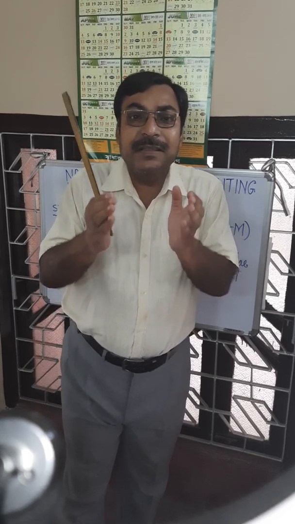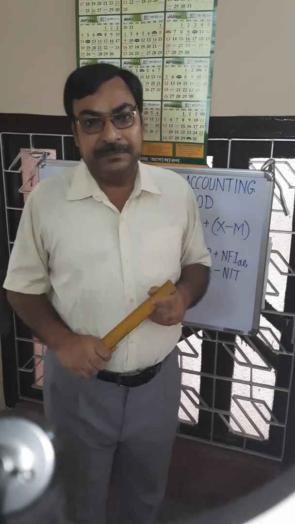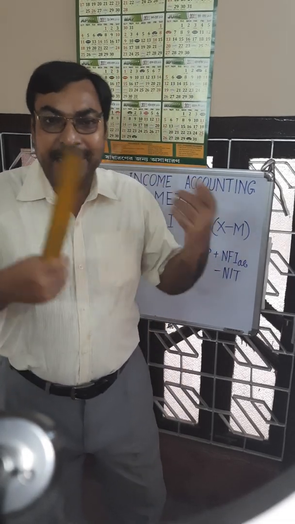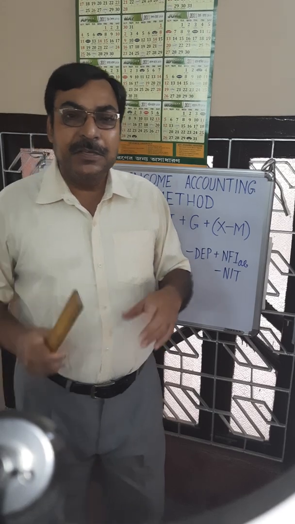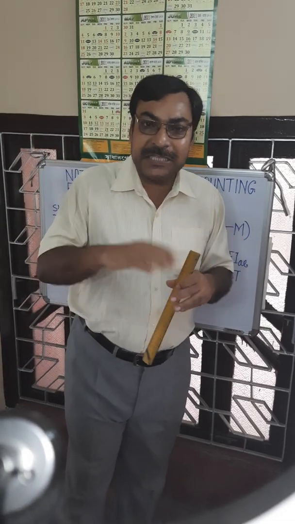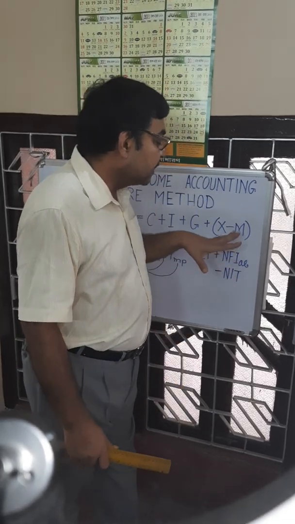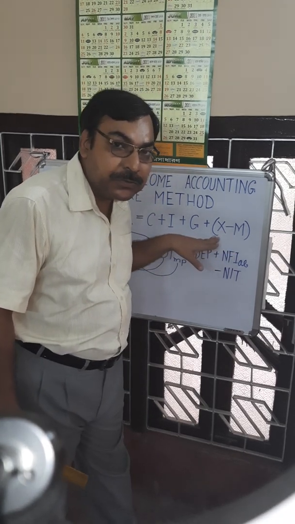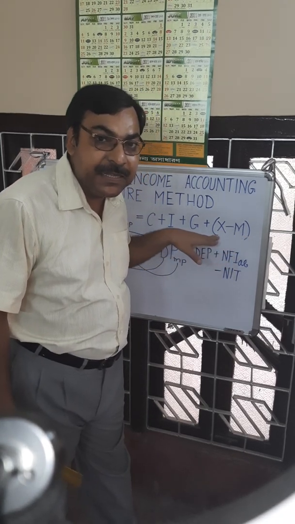And opposite to it, foreigners are also selling, and we are purchasing from them. This is our import. So our main consideration is net export income. The difference between export and import gives you net export expenditure.